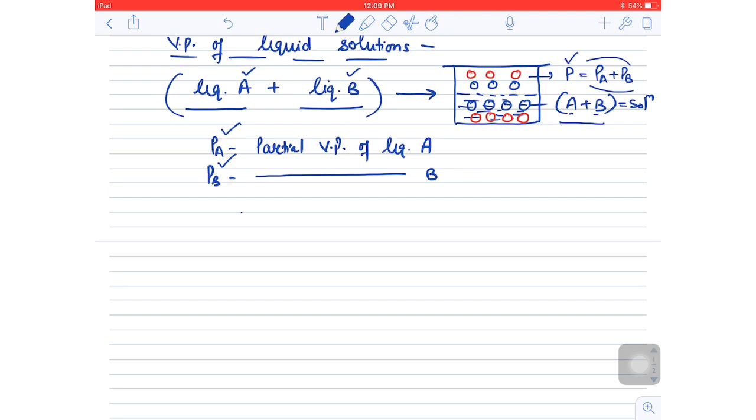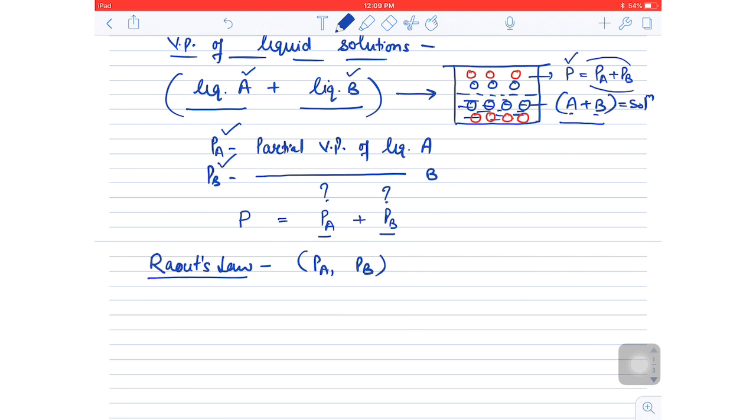If we want to calculate P, the total pressure, we have to know PA and PB. So how to calculate PA and PB? We can use Raoult's law, which will tell us how to calculate PA and PB.